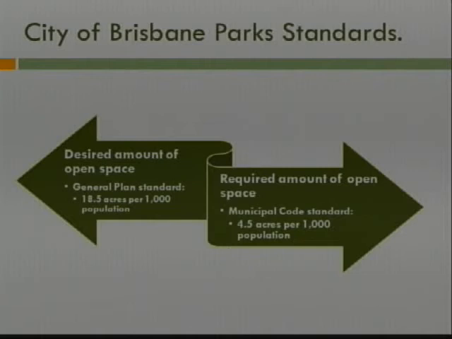So what CEQA does is it says we must have, to avoid the physical impact on existing parks, the 4.5 acres per 1,000. And then as part of your planning review and consistency with the general plan standards, that will look at how do we achieve what we desire for our community, which is the 18.5 acres. So that's the CEQA review and the planning review.